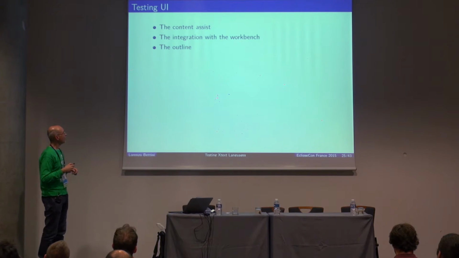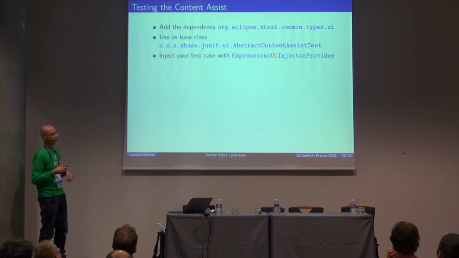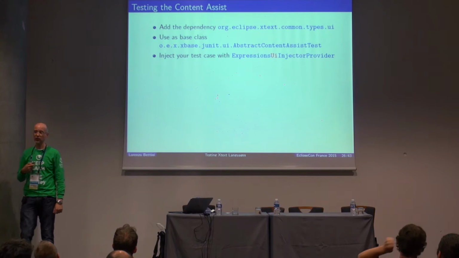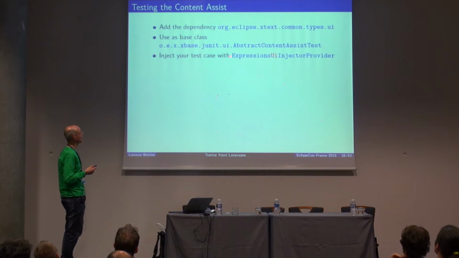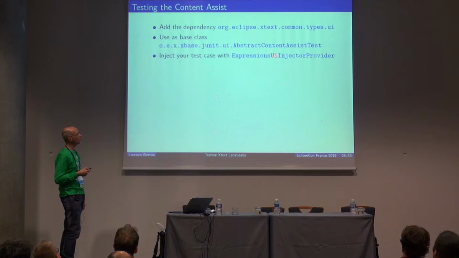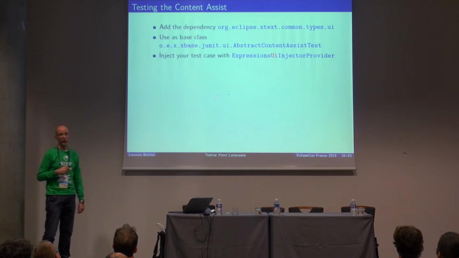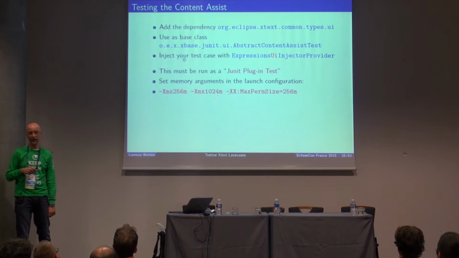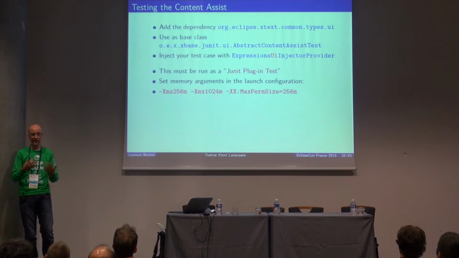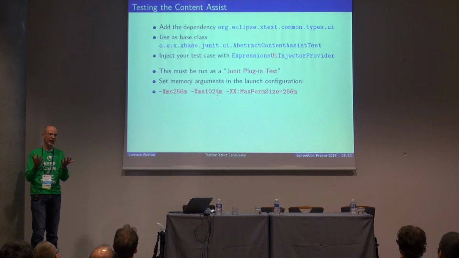And it's rather easy to test this because you have a base class for tests for content assist. So you just have to extend this class, but now you have to use the injector provider for UI, because this time we have to run these tests as JUnit plugin tests, because now we're testing the content assist and we need a running workbench, okay?